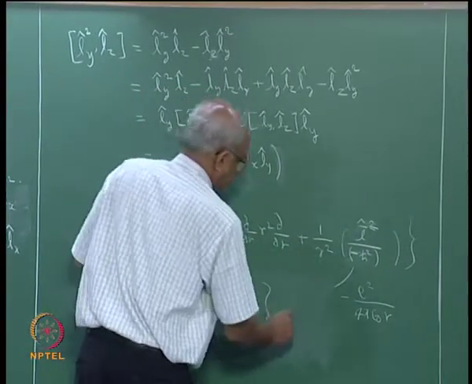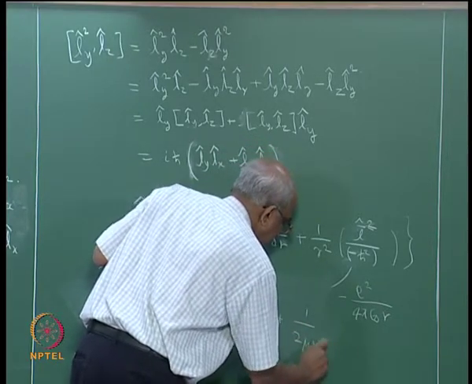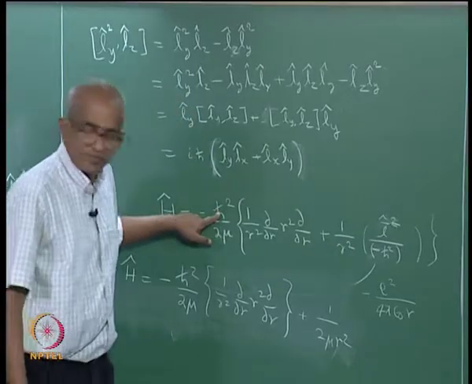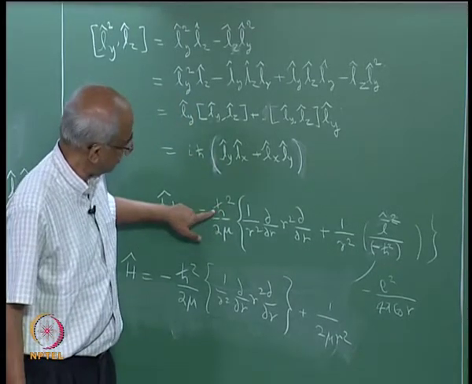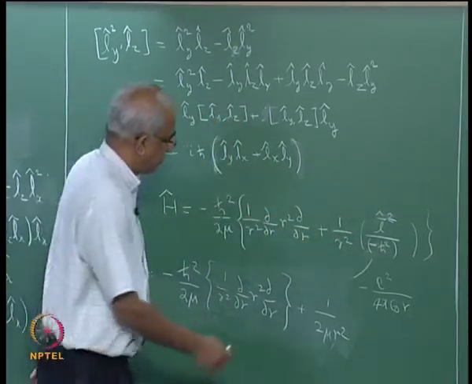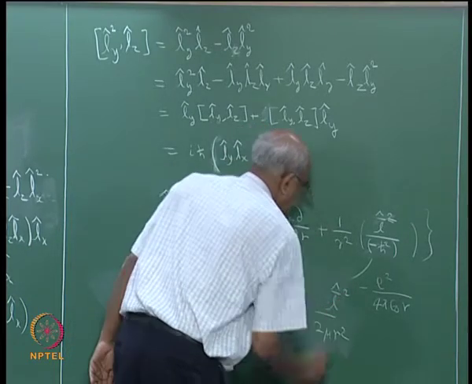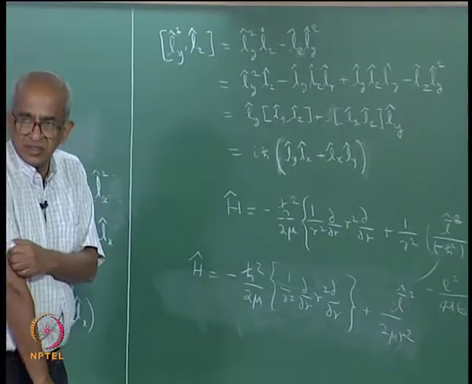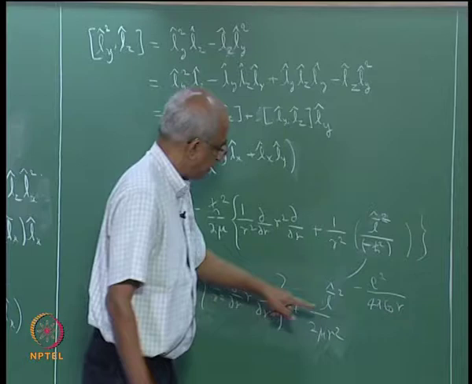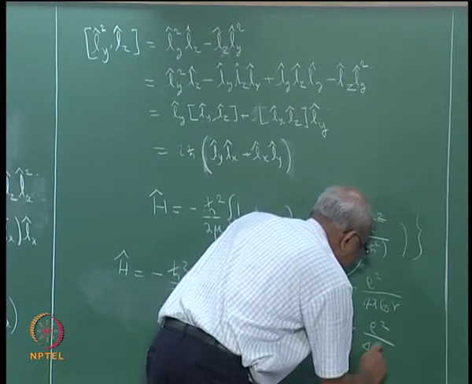This and that together can be written as plus 1 by 2 mu r square. I am combining this with that. There is a minus ħ square here, there is a minus ħ square there, so they will cancel each other and you are going to get L square here, that is occurring in the Hamiltonian, right. This together with that will convert it into that, and then you have minus e square by 4 pi epsilon 0 r.